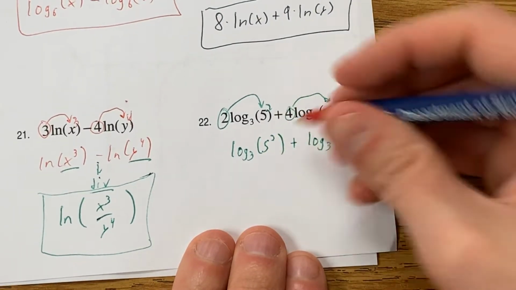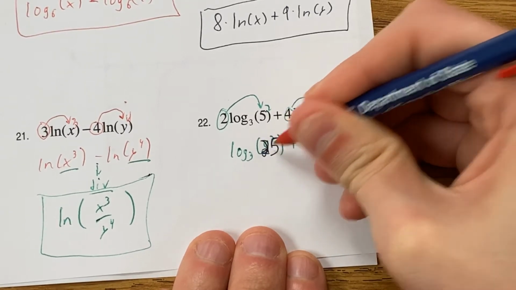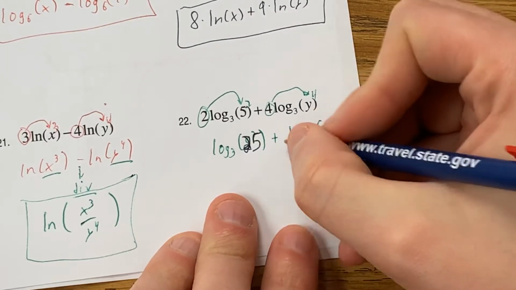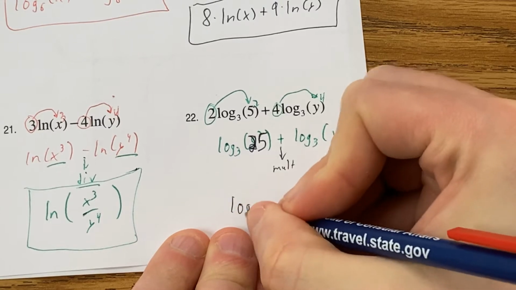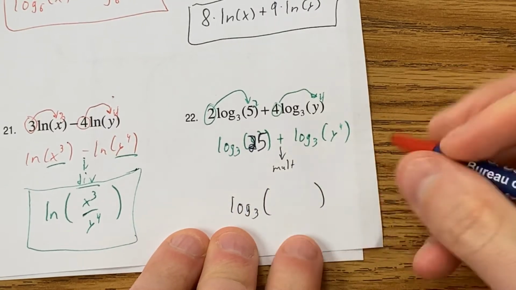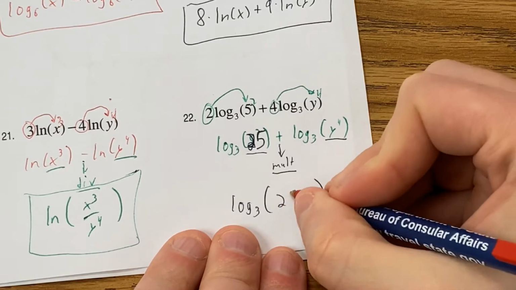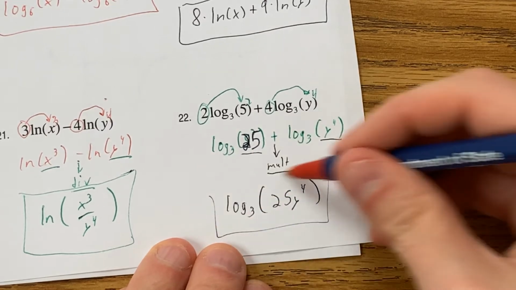This is 25, so I'm just going to write 25, because mathematicians, we always simplify. This is a plus sign. Plus signs become multiplication. So I'll have log base 3 of 25 times y to the 4th. And that is the answer.